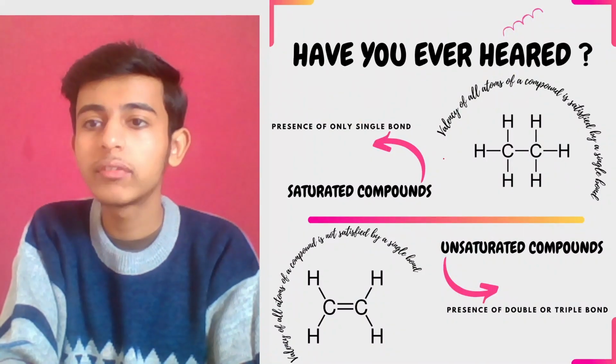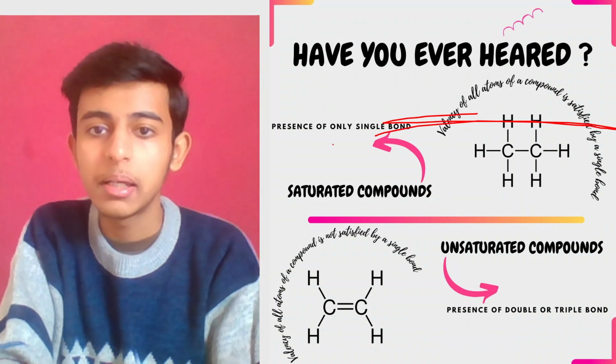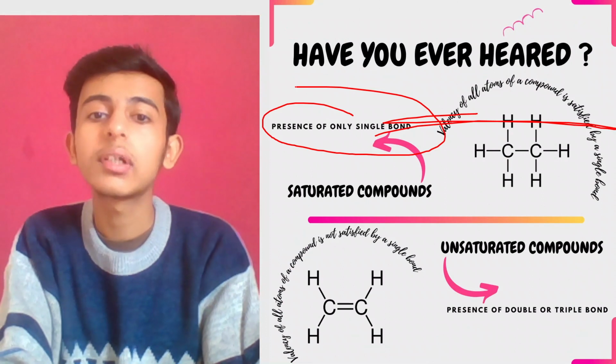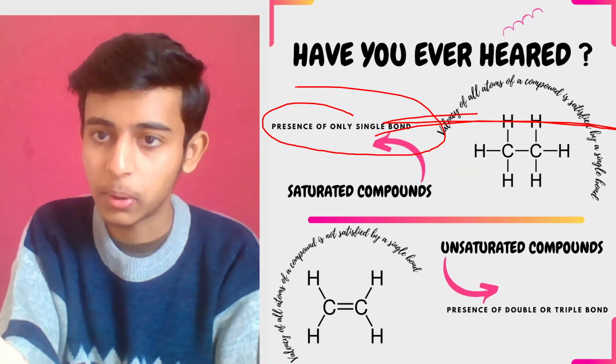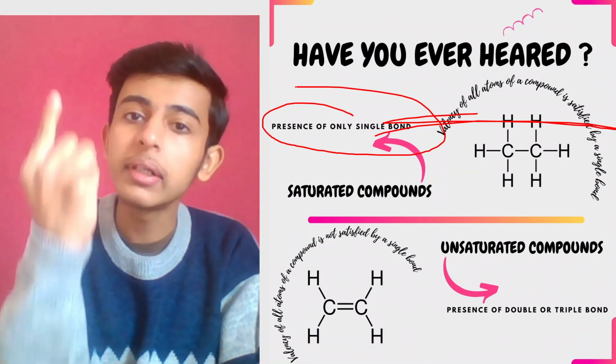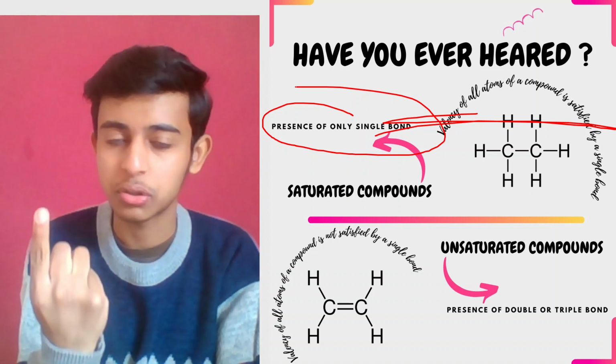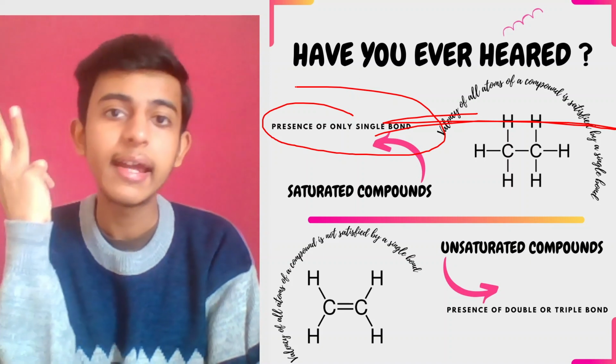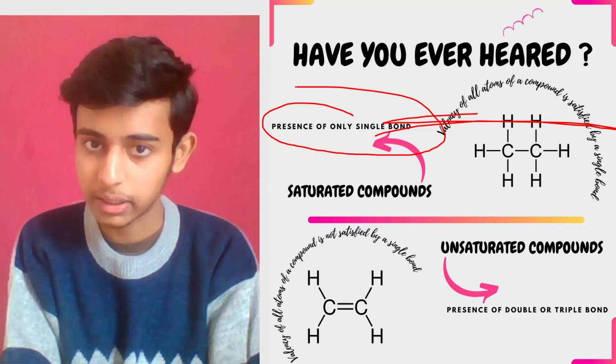Okay, now have you ever heard about it? Just tell me. Presence of only a single bond. See, now we are talking about single bond, double bond, and triple bond. Single bond meaning where only one pair of shared electrons is there, right? Double bond where 2 pairs of electrons are shared, and triple bond where 3 pairs of electrons are shared.